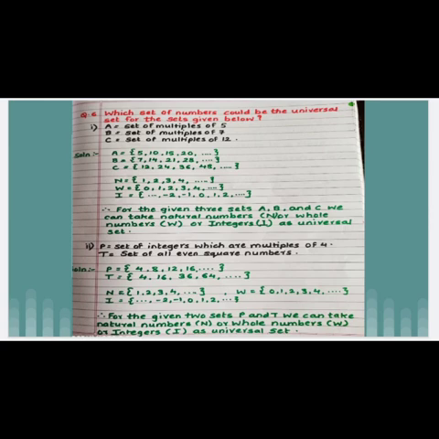Understand? Second one, P and T, the second sub-question. They have given the sets P and T. Again, the first step is to convert them into listing form. So P is the set of integers which are multiples of 4.